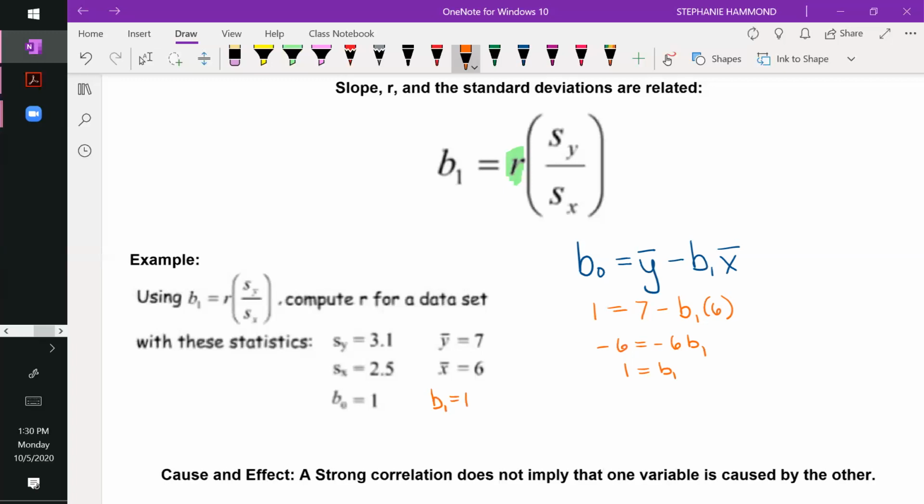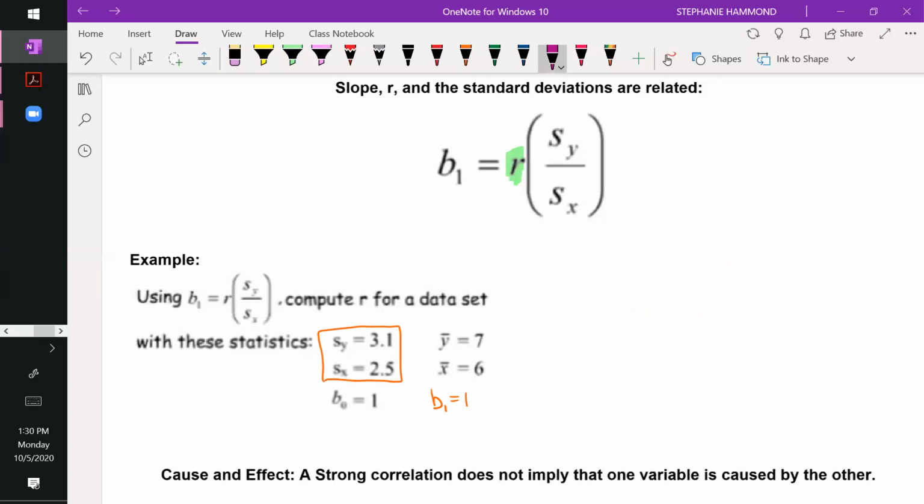Okay, and then I can use B1 and these sample standard deviations that are given to me to find R. So B1 equals R times the sample standard deviation of Y over the sample standard deviation of X. B1 is 1, R we don't know, SY is 3.1, SX is 2.5. So I have R times this fraction, and I can go ahead and grab a calculator and get that fraction. 3.1 divided by 2.5 is 1.24.